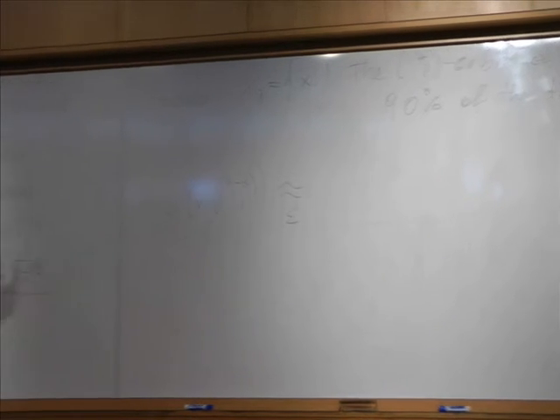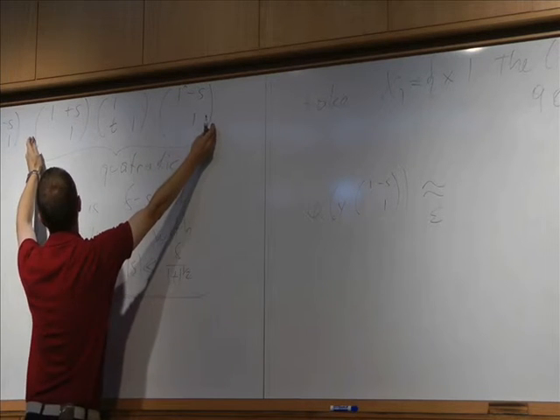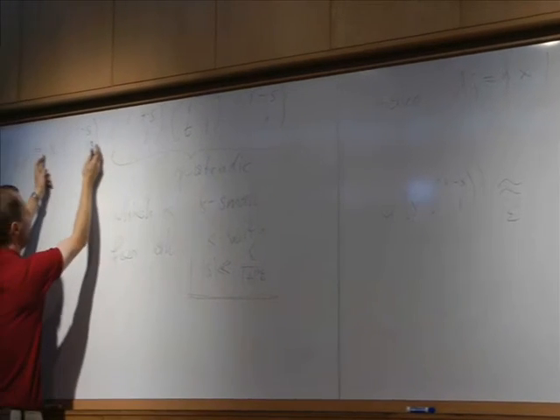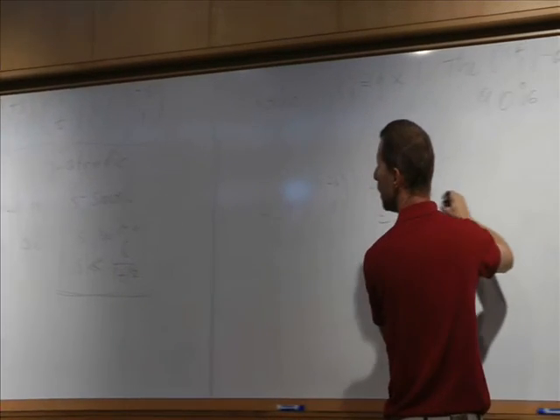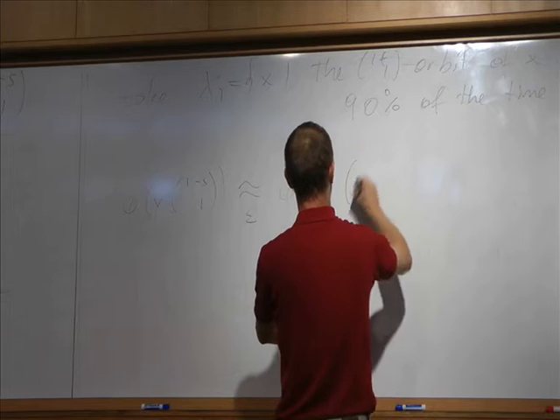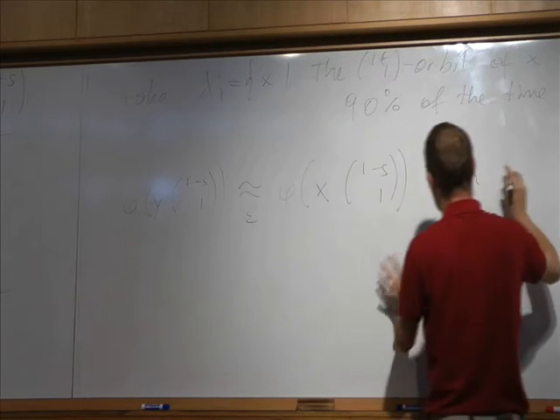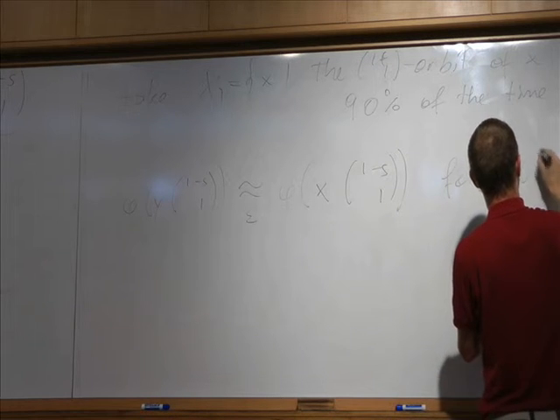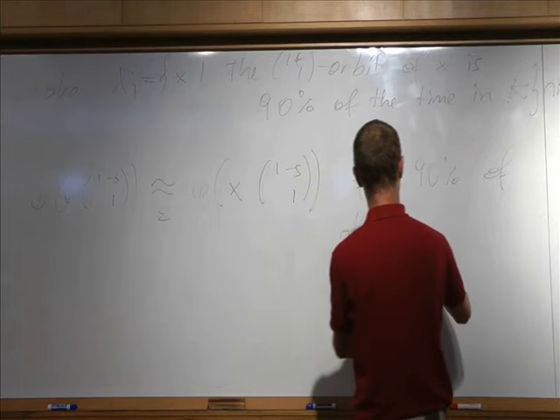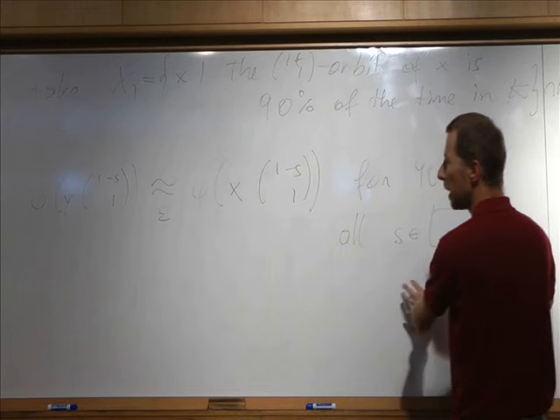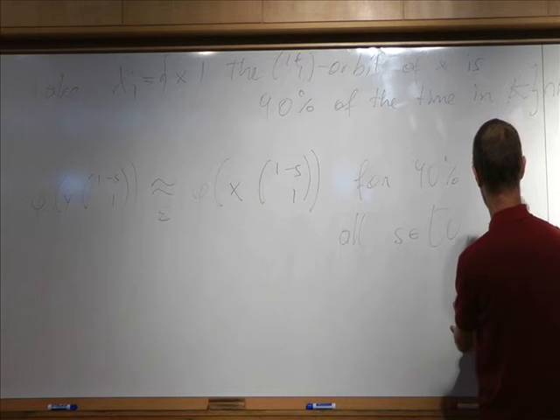So we put it into the uniform continuity of the function phi, and we just ignore it up to an epsilon and take the image of this guy. And we don't know that for all s, but for 90% of all s in a possibly large interval. If the parameter t is really small, then it's a large interval.